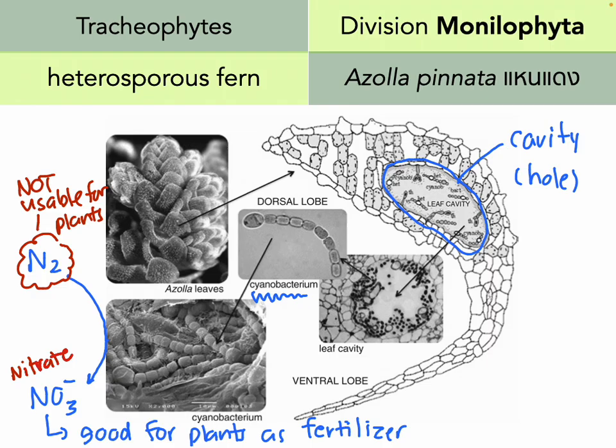So Azolla contains all the cyanobacteria inside their leaf, and this helps them get more nitrate for plants. And nitrate is what we use as nitrogen fertilizer for plants. So instead of buying chemical fertilizer that is so expensive, what do you do? Grab Azolla, put them on the soil, and that's a natural fertilizer.